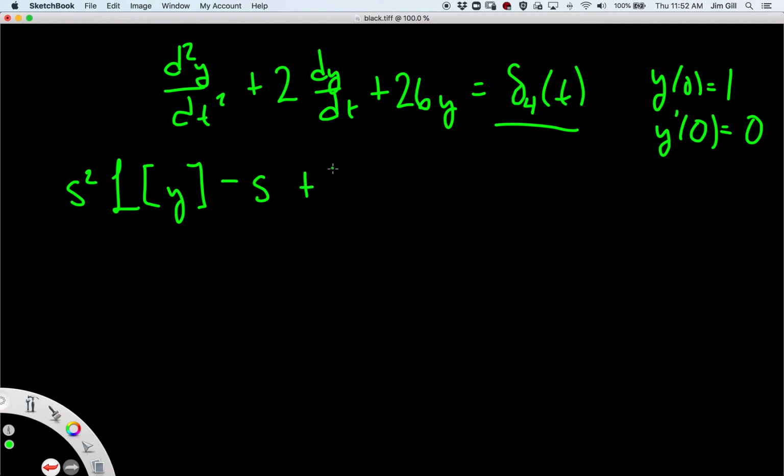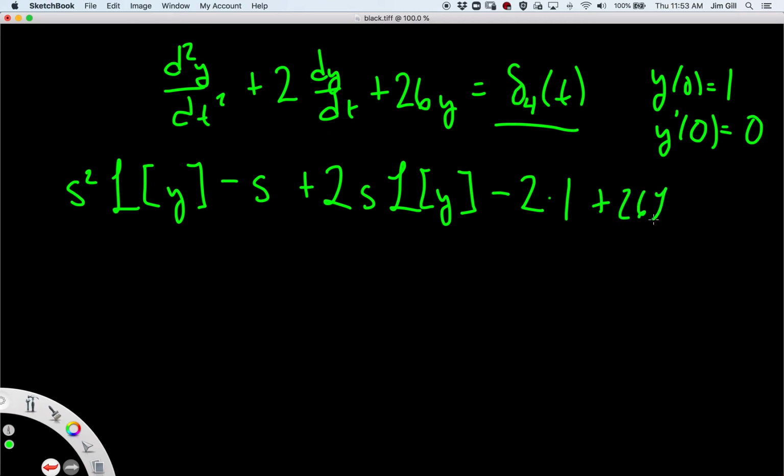Now we have the term from the derivative, 2s Laplace transform of y, minus 2 times 1. This 2 gets distributed across s Laplace transform of y minus y at 0. And finally, 26 Laplace transform of y equals Laplace transform of this impulse, which, as we just showed, was e to the minus 4s.